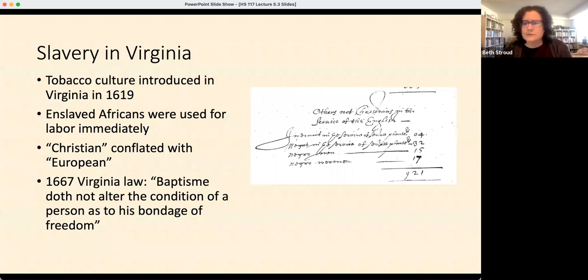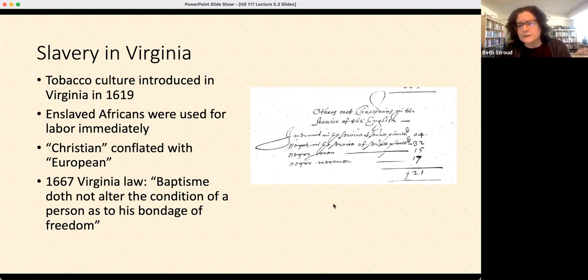This is one of your documents, very difficult to read the handwriting, I know, but I wanted you to see this because a part of this census lists people as others not Christians in the service of the English.